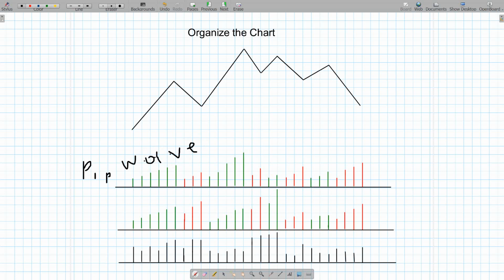So this is a Hiep wave, this is the Weis wave, and this is the weighted volume. My writing is terrible, sorry. So, this is the way we can organize the chart in order to be able to read it easier.